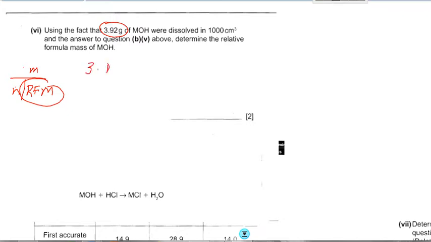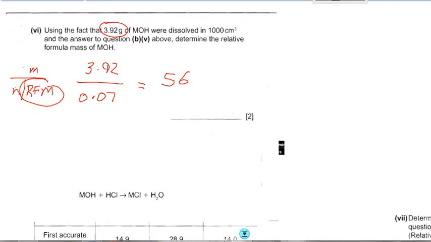Well, mass is 3.92, number of moles we've worked out in the 1000 is 0.07, and if we work that out, that tells me that MOH has got a mass, or an RFM, of 56. Okay, so that's part 6 done.